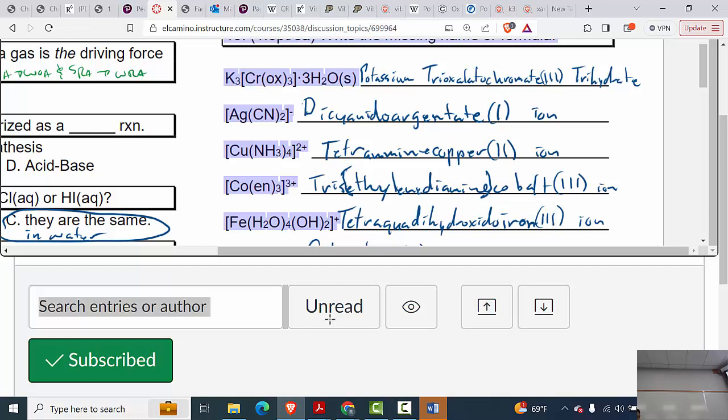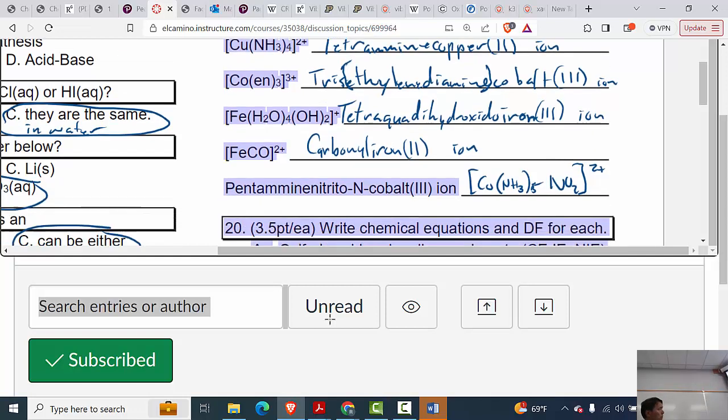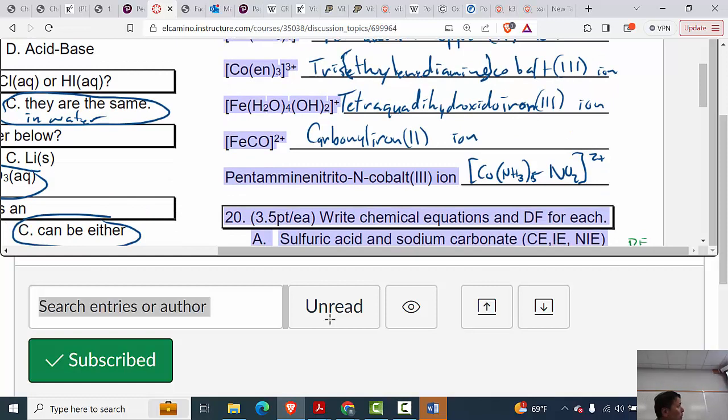Tris ethylene diamine cobalt 3. Tetrahydroxido iron 3. This one's carbonyl iron 2. This would be the formula for this one.